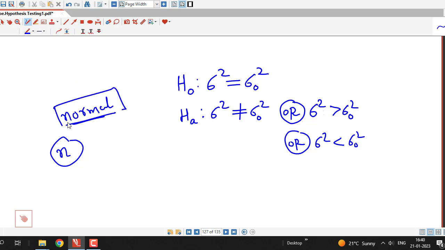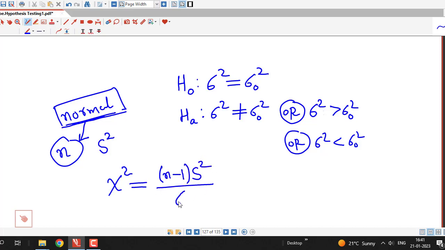So if you are not given that your population is normal, and if you want to conduct this test, you have to assume that the underlying population is normal, and we are considering a random sample of size n from that normal population, and suppose the variance of that sample is capital S square. Then, because the underlying population is normal, we can use this test statistic for this hypothesis test.